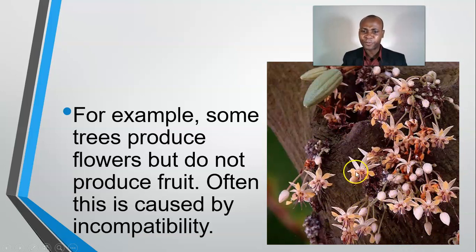To solve this problem, you need to get the flower from another tree at another side of the farm and pollinate the flowers here. If you can pollinate the flowers here, all the flowers here will become pods, and your farm is going to look drastically beautiful. It's really going to look very beautiful.